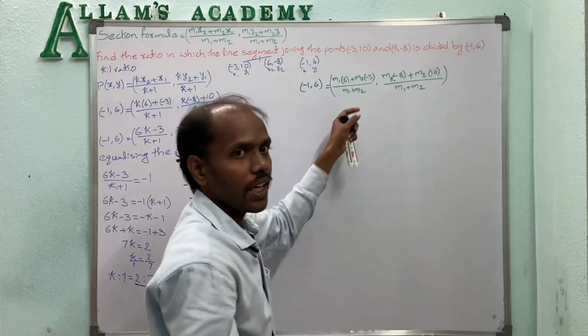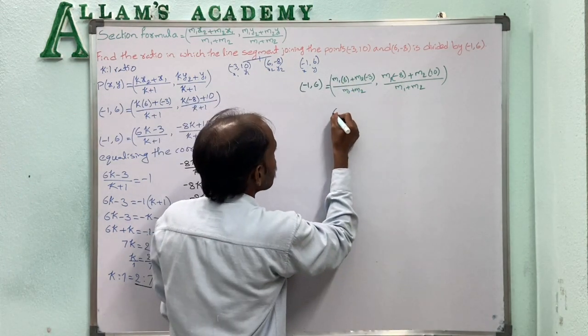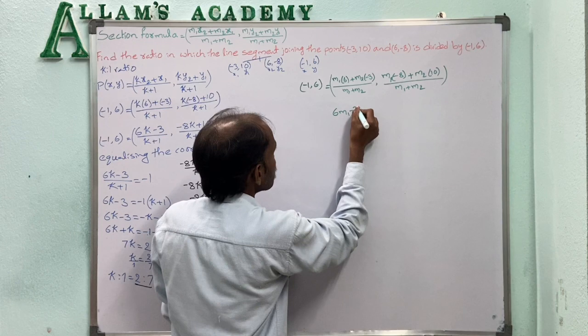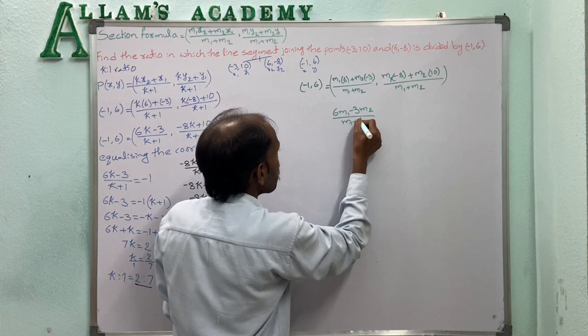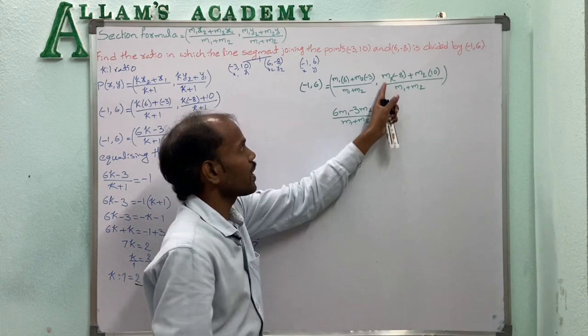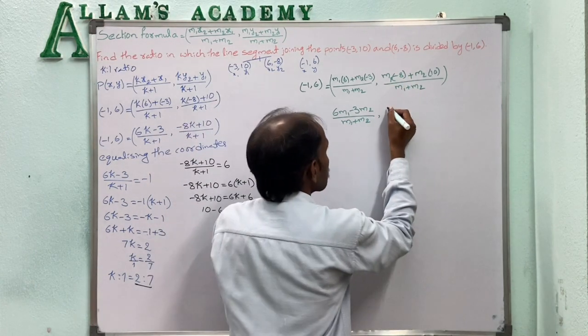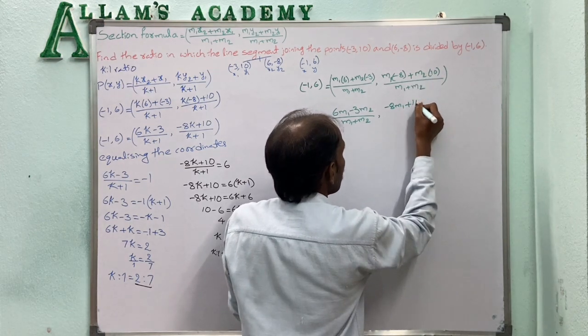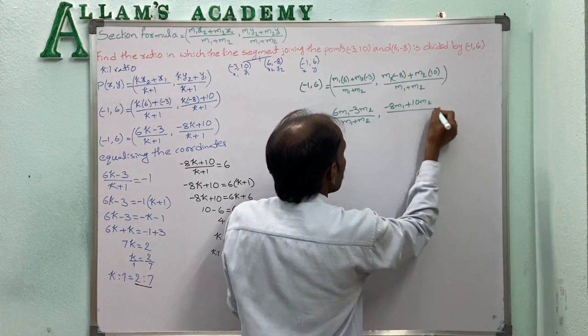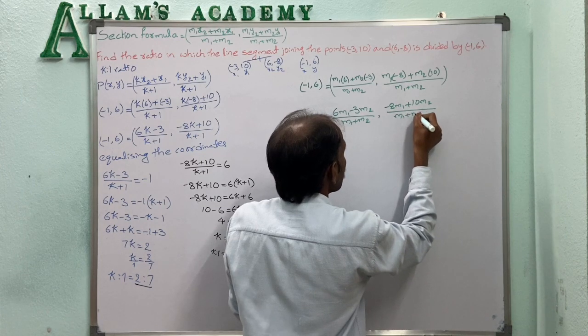Now 6 into m1 is 6m1. m2 into -3 is -3m2, by m1 plus m2. m1 into -8 is -8m1 plus m2 into 10 is 10m2, by m1 plus m2.